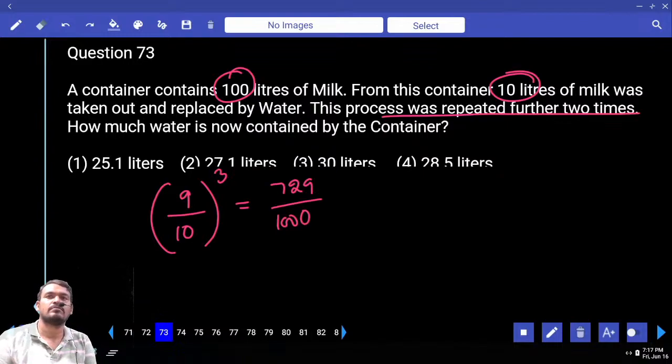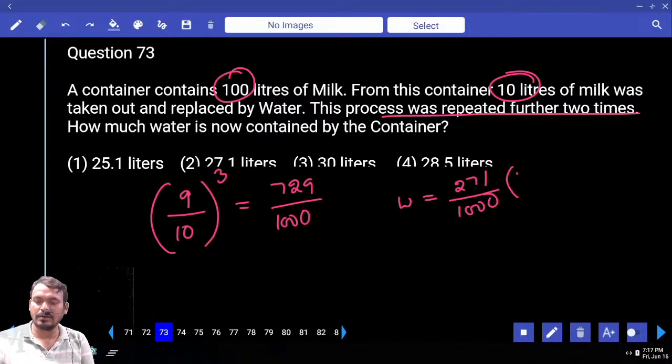Obviously remaining is water. Water is how many parts? 271 by 1000 of how many liters? 100 liters. There is no change in total mixture. 2 zeros cancel. What is the remaining? 27.1.